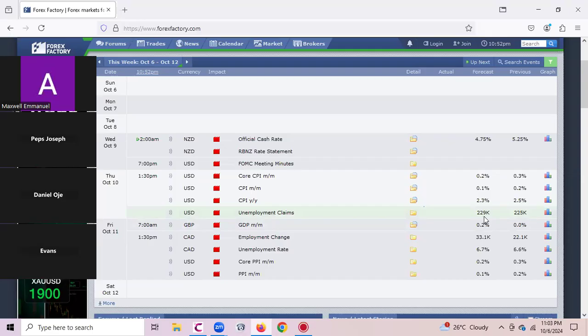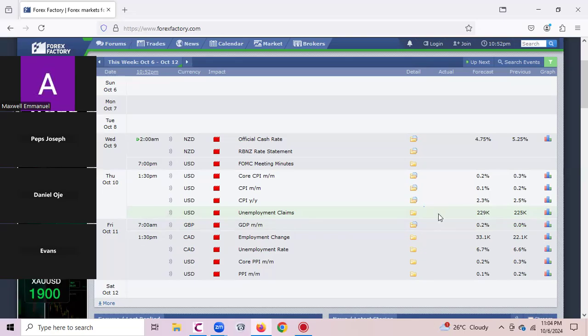So are they expecting a decrease or increase? If forecast is 229 and the previous is 225, they're expecting an increase. That's an increase from 225 to 229, right? So we'll wait for the actual to be released.